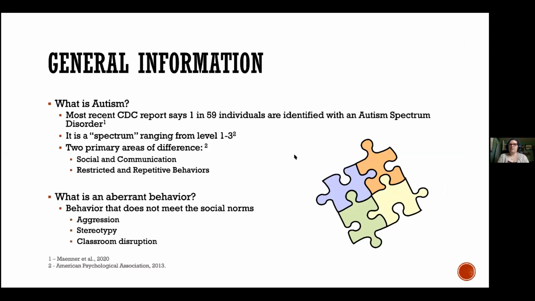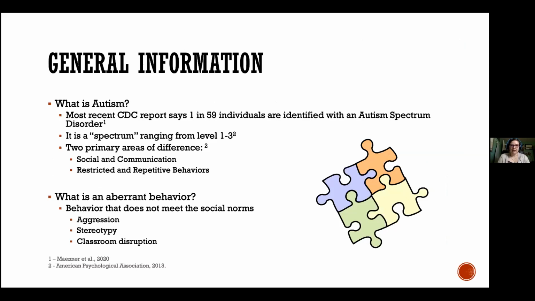So just to go over a little bit of information about autism and why this is important, the rates of autism spectrum disorder are constantly increasing. We know that there's a huge spectrum.